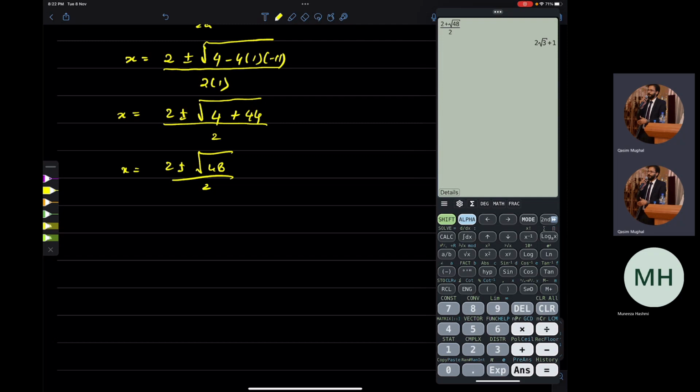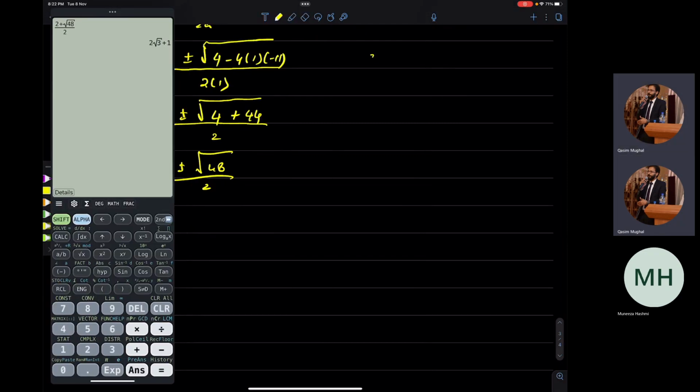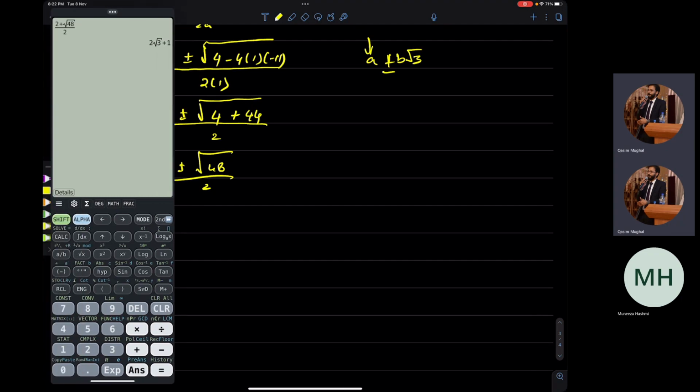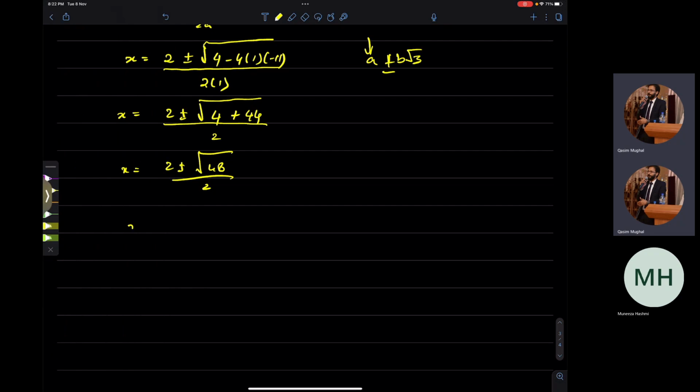So the format the examiner has given us looks like this: a plus minus b root of 3. Okay? Yes. So we have the constant first, the integer number first. So I'm going to put 1 plus 2 root of 3, for the positive sign.